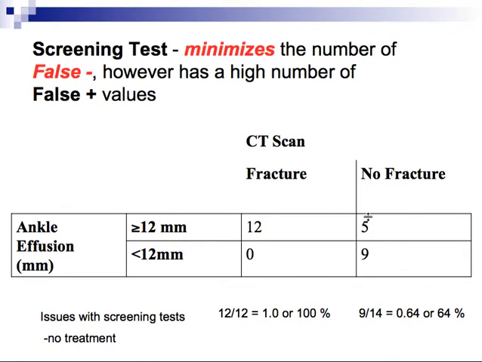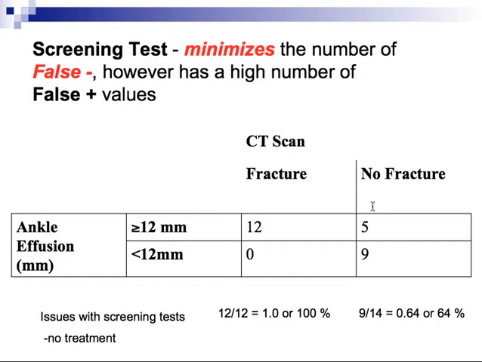We have 5 false positives out of 17 that we said had it. So we sent 5 people for an x-ray that they didn't need. Essentially, though, this is a good example of a screening test where we're more concerned about not making a false negative mistake than we are about a false positive mistake.